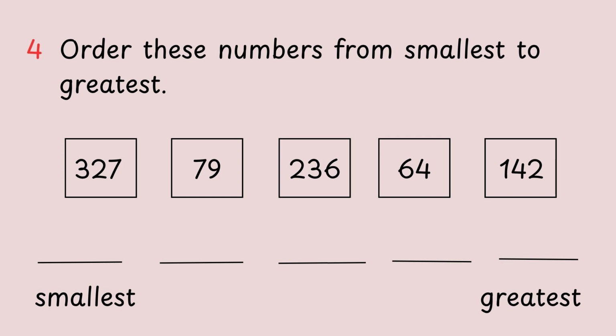So let's write 142 first. And after that, which one is smallest? 2. So let's write 236. And the last one, the greatest one, is 327. So the answer will be 64, 79, 142, 236, and 327 from smallest to greatest.